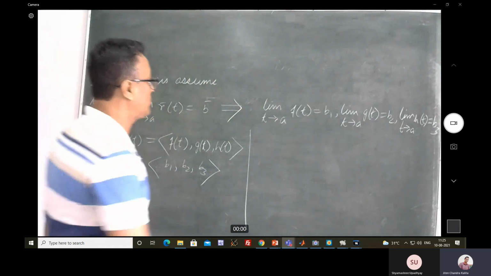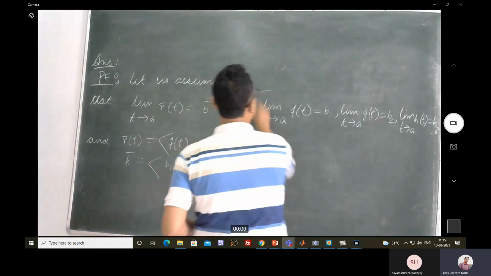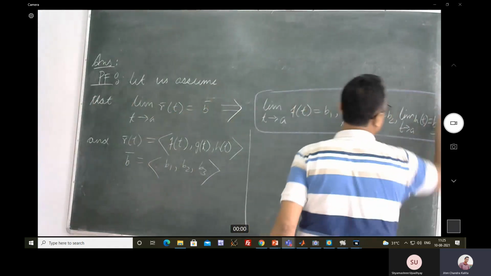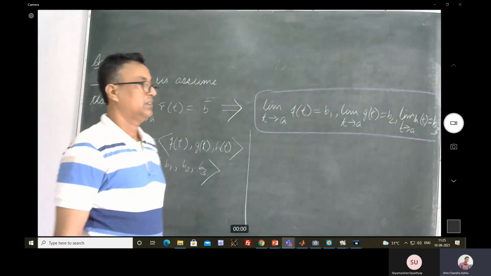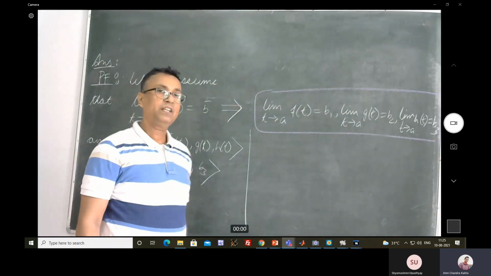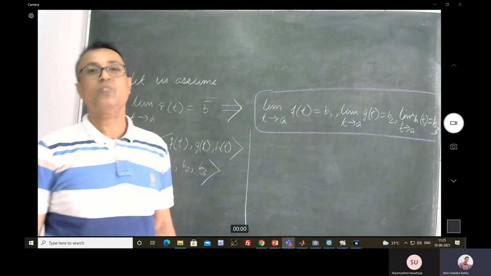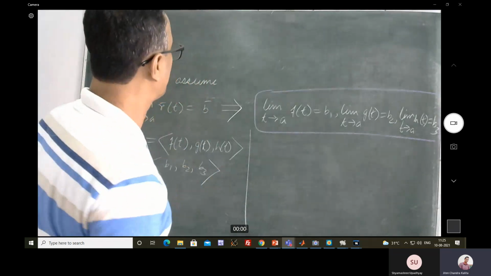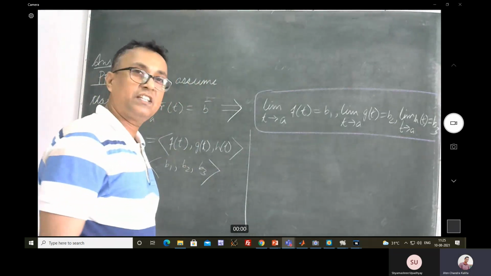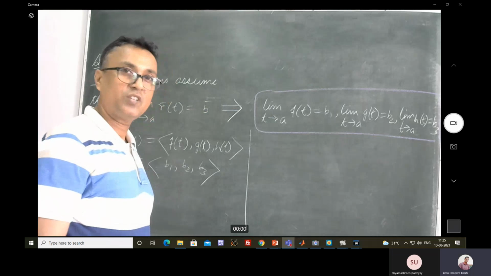Fine. Now you see, once I have reached these three different statements, it defines a limit for each of those functions, right? Each of those functions at the point A, those individual functions.